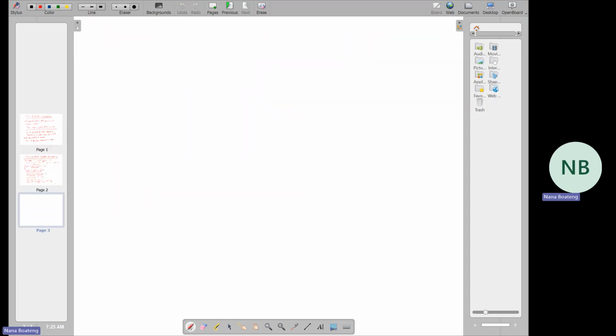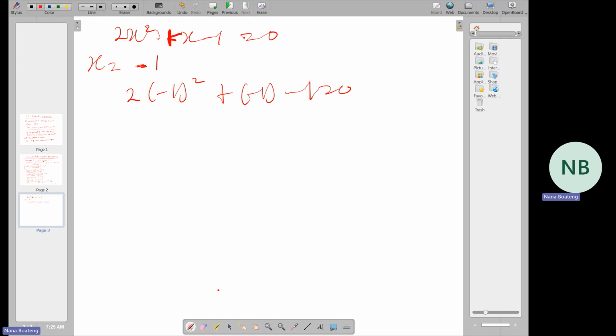All right, so we have 2x squared plus x minus 1 is equal to 0. So if x is equal to negative 1, then we have 2 times negative 1 squared, plus negative 1, minus 1 is equal to 0.